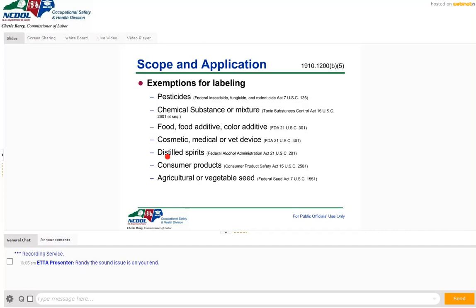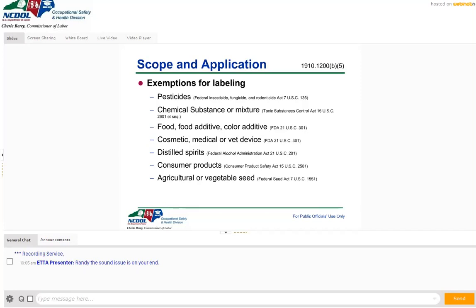So if you have these other types of products, they're not going to be labeled per the OSHA HAZCOM standard. They're going to be labeled per the standard that we're talking about on this slide. So like consumer products, if you brought a product from home to the workplace that was a chemical, it would not be labeled by HAZCOM standards. It would be labeled by consumer product standard.